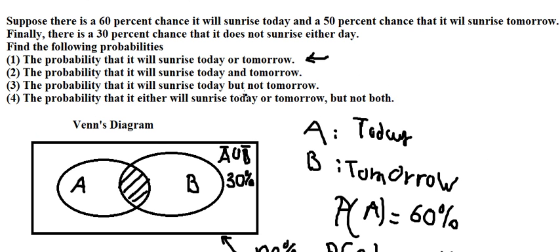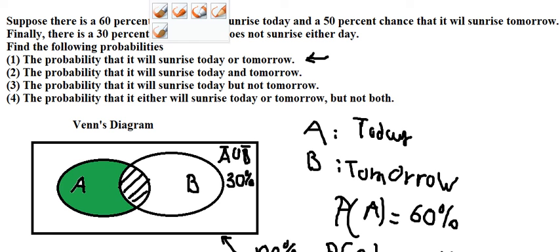About question number 3 in here. Sunrise today but not tomorrow. That means they want to find this area in here. So if we want to find the green one, we need to use P(A).